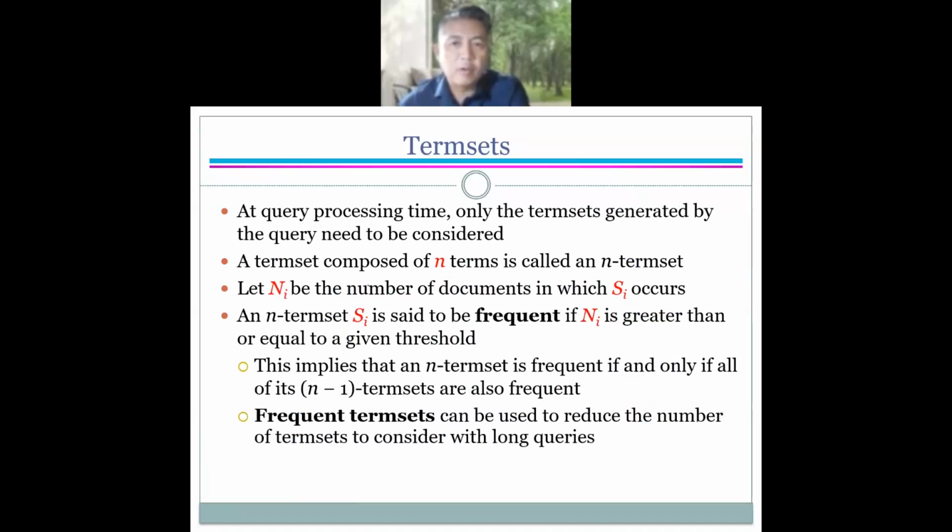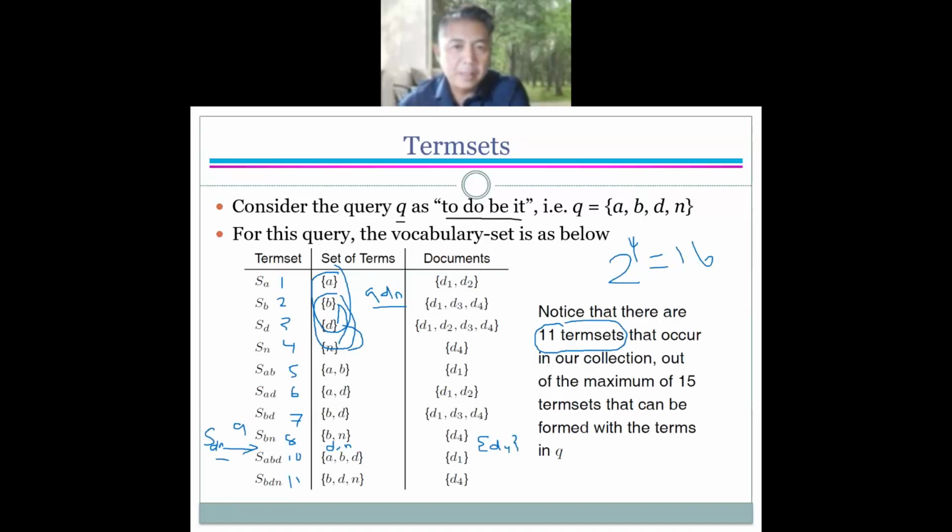The definition of a frequent term set: a term set composed of n terms is called an n-term set. So, for example, this is a one-term set. Okay, so this one is a 3-term set.